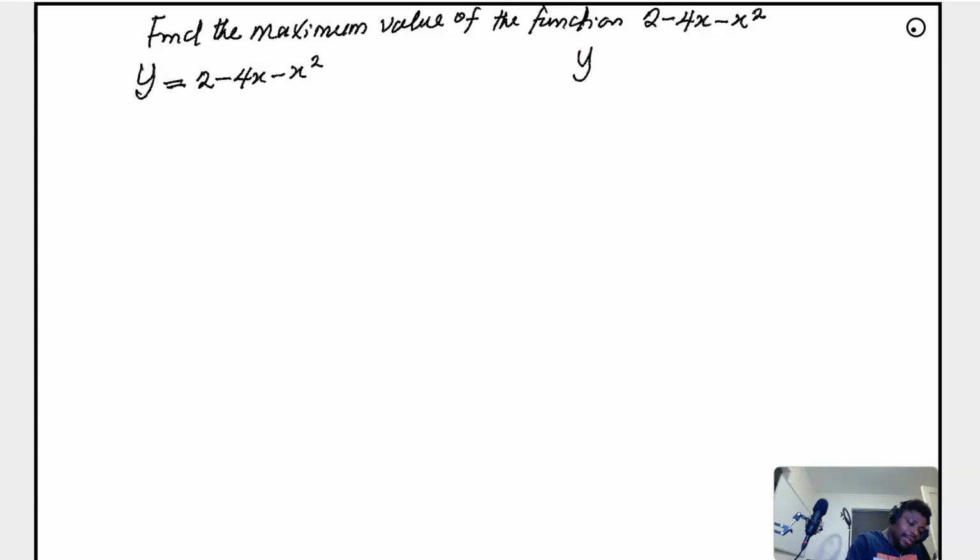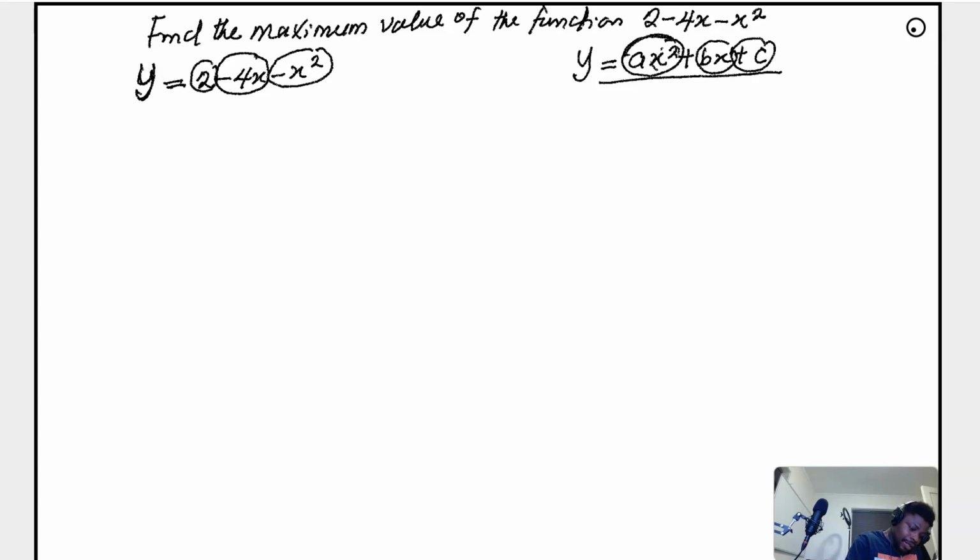Before you do anything, remember that your general quadratic function needs to be in the same form as ax squared plus bx plus c. This means that the variable with the highest power, x squared, starts the equation, then the variable with the power of 1, then plus c.